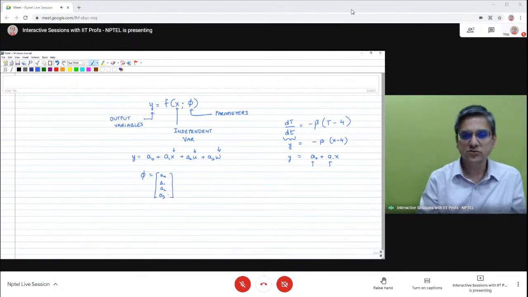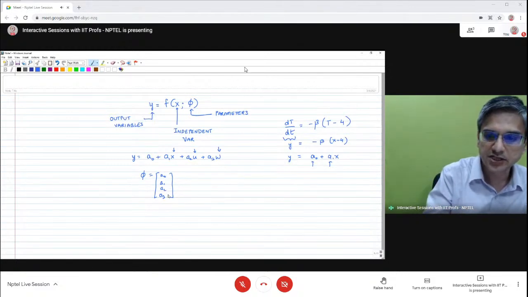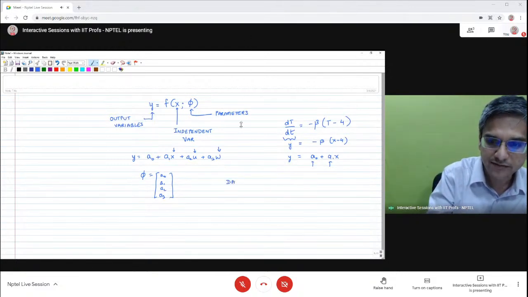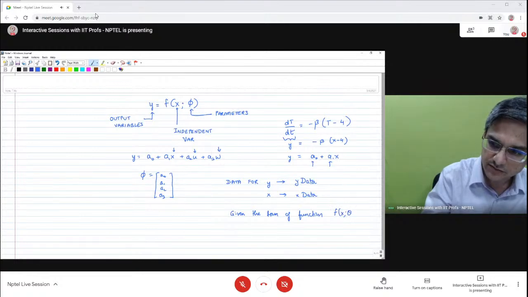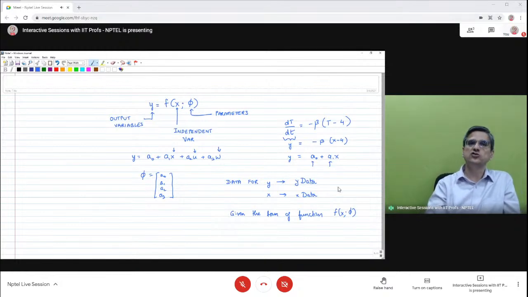So the question is, given the data for y in y data, the data for x in x data, and given the form of the function f of x comma phi, can you find the best fit values of phi?